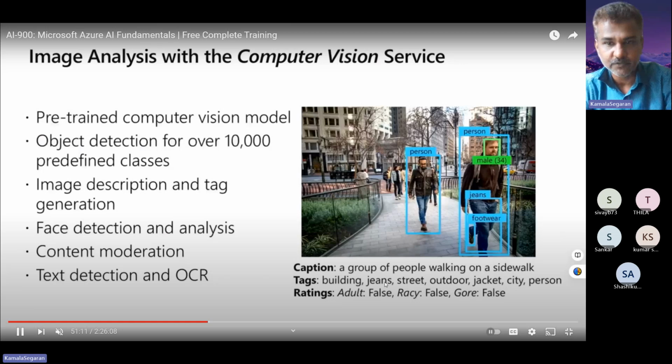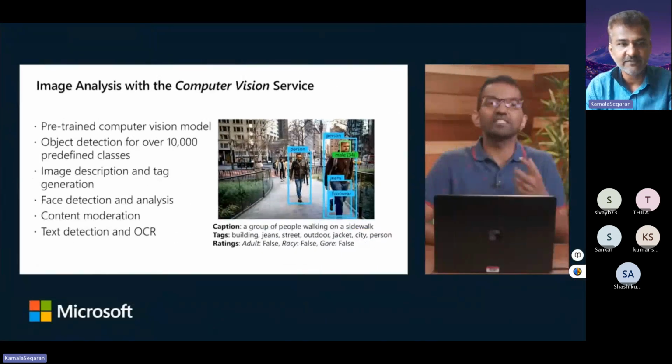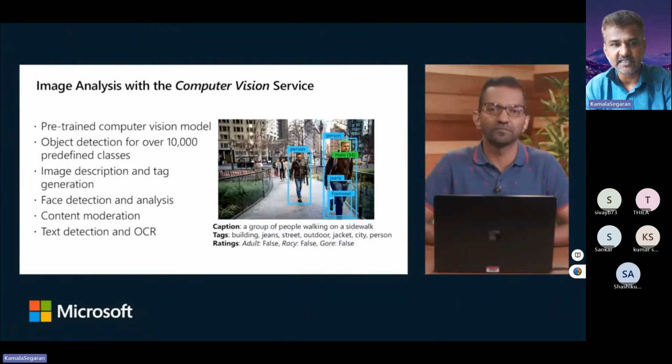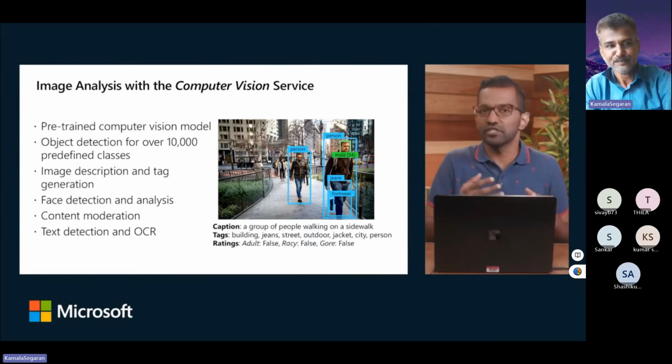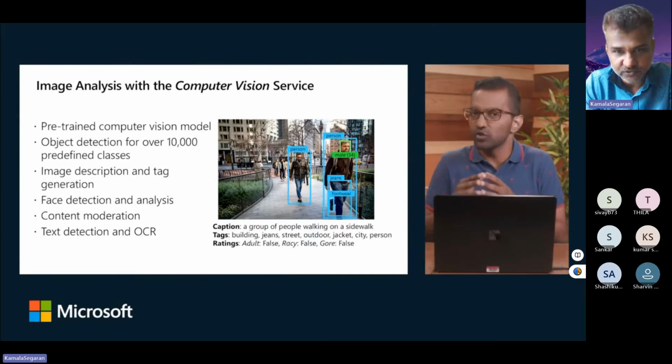First, you have to pre-train these computer vision models, meaning over 10,000 predefined classes of objects will be supplied to the system, and the system will perform an analysis on all these objects by identifying the image description, tag generation, face detection, analysis, content moderation, text detection, and OCR.